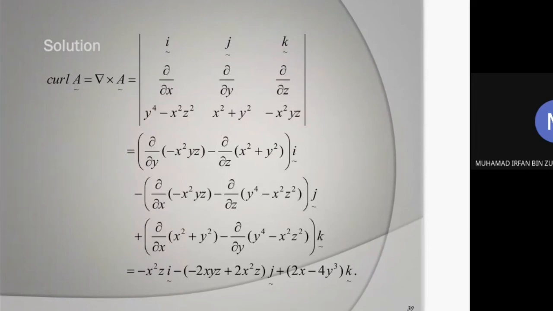Differentiate this with respect to y, differentiate this with respect to z, then we will find the first component, i. Then differentiate this with respect to x, differentiate this with respect to z, then you get the second component, j. And similarly, differentiate this value with respect to x, and this value with respect to y. You get the third component, k.